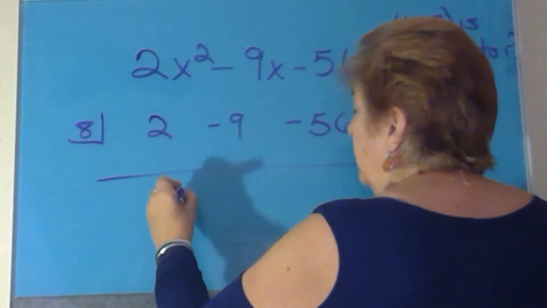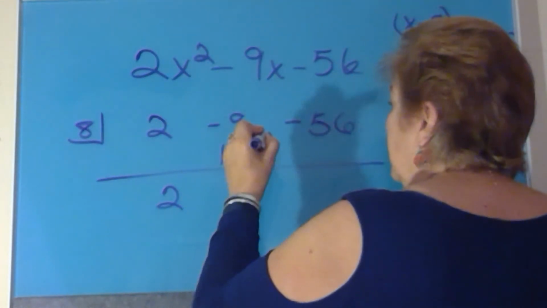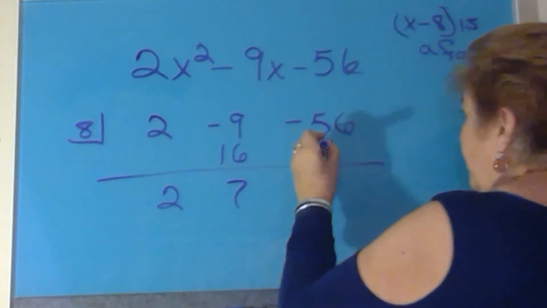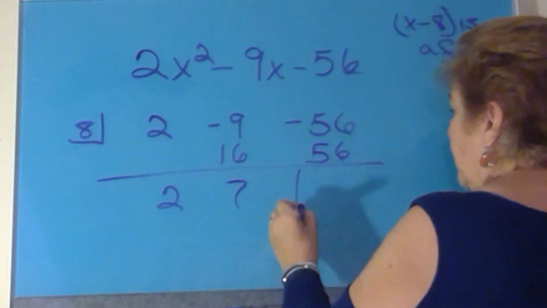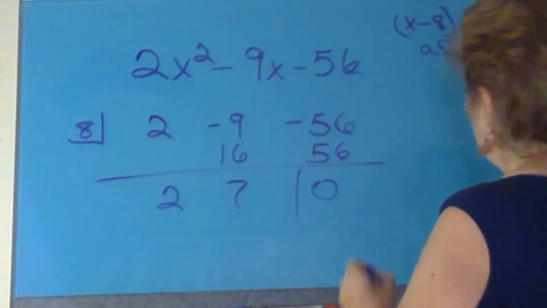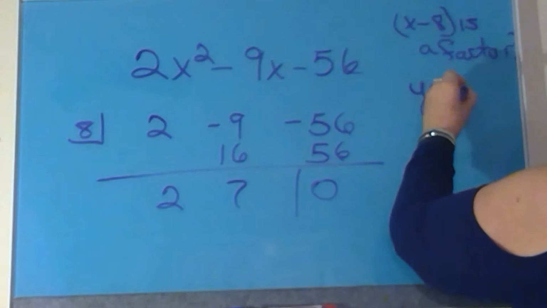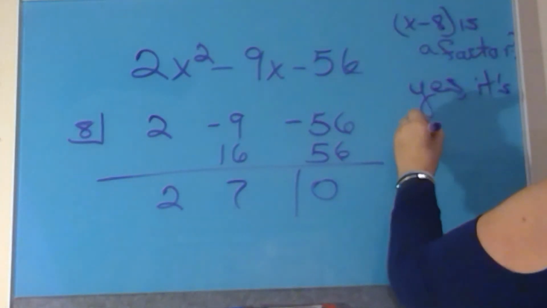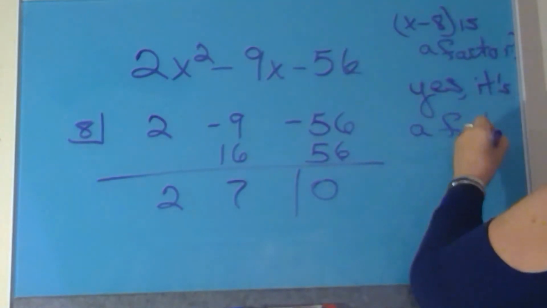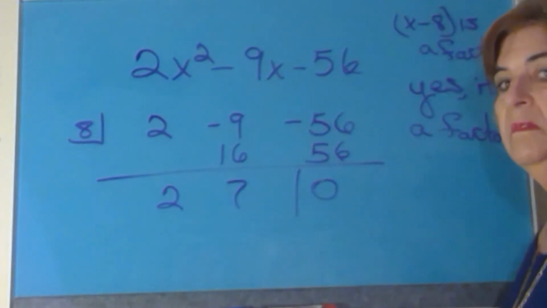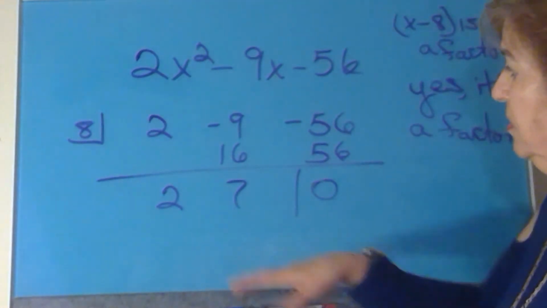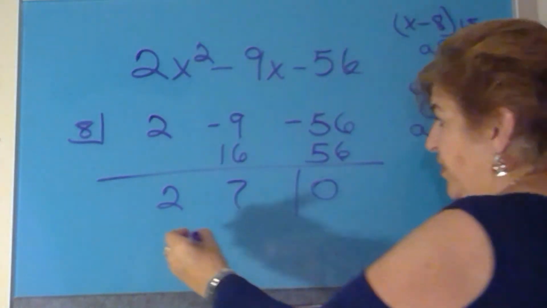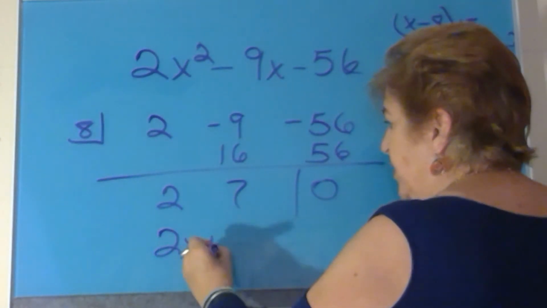Bring down the 2, that gives you 16. 16 minus 9 gives you 7. 7 times 8 is 56. You get a remainder of 0. And yes, it is a factor. And again, just so you can see, what you're left with is 2x plus 7.